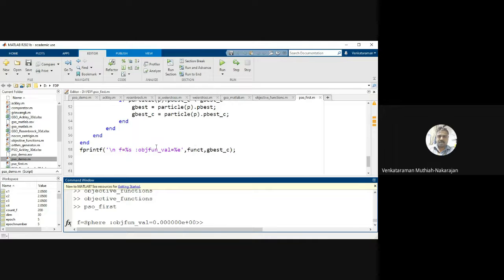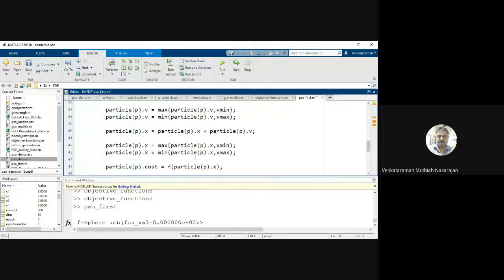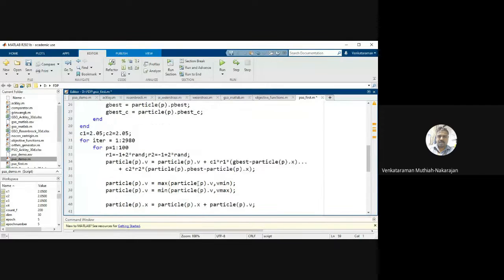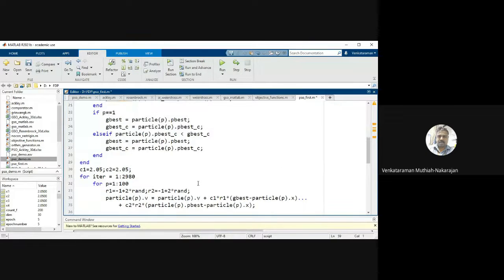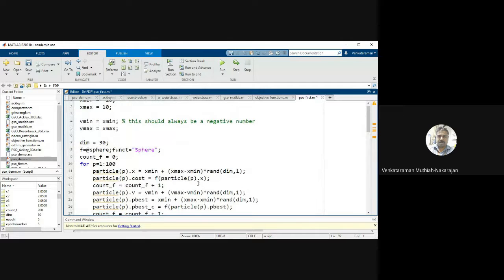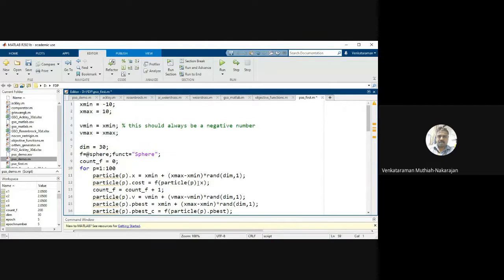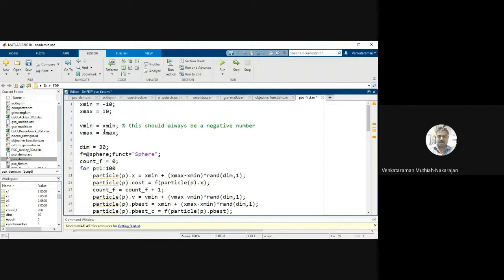Any questions in the code? So you can try out other functions in a similar manner.